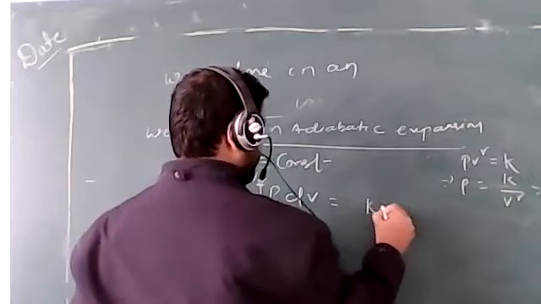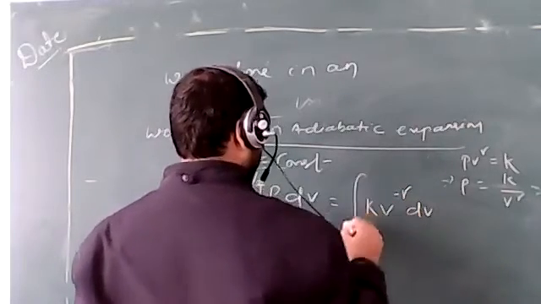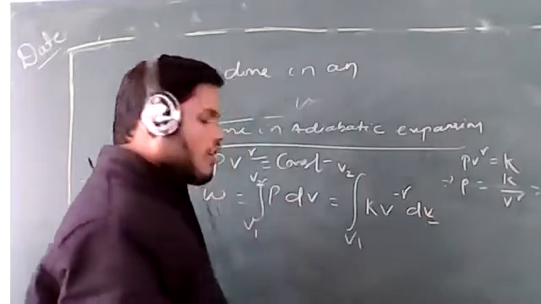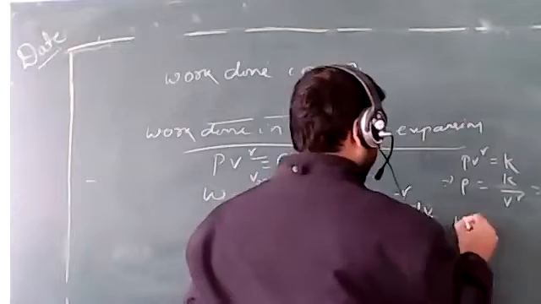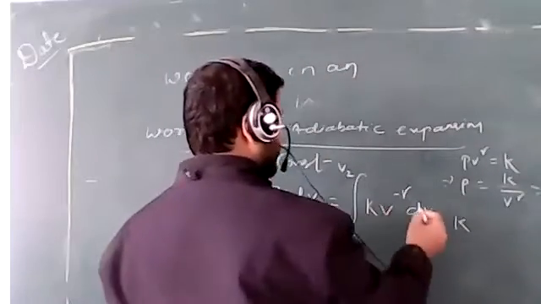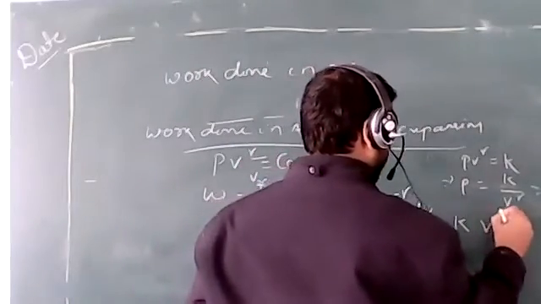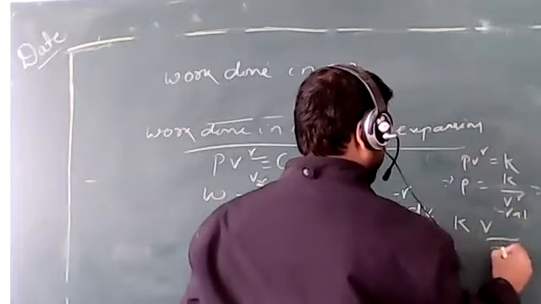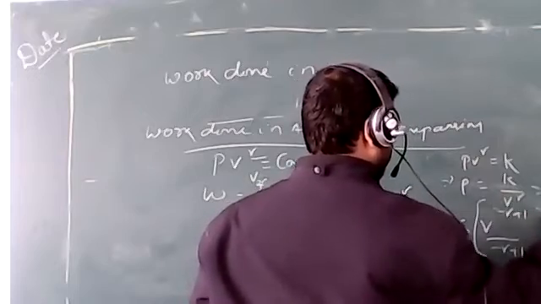So k V^(-γ) dV, integration from V1 to V2. k is a constant, so k can be taken outside. The integration gives V to the power (minus gamma plus 1) divided by (minus gamma plus 1), from V1 to V2.